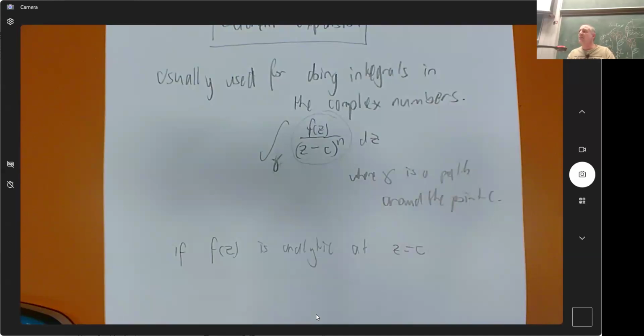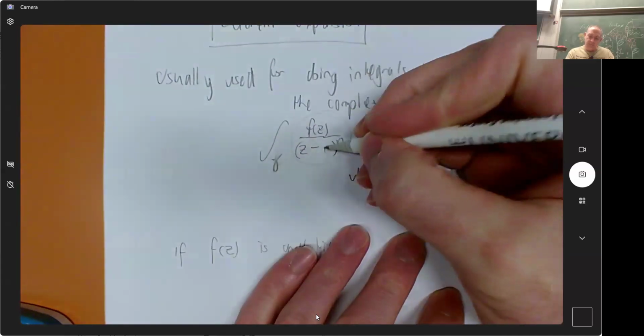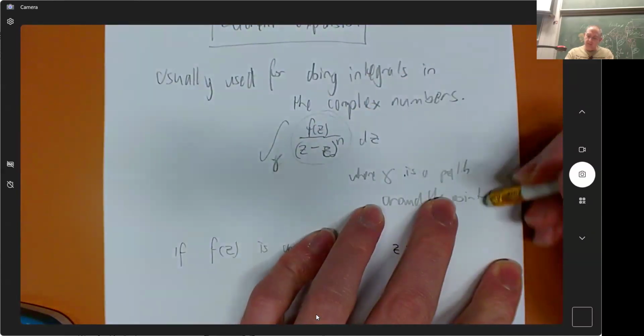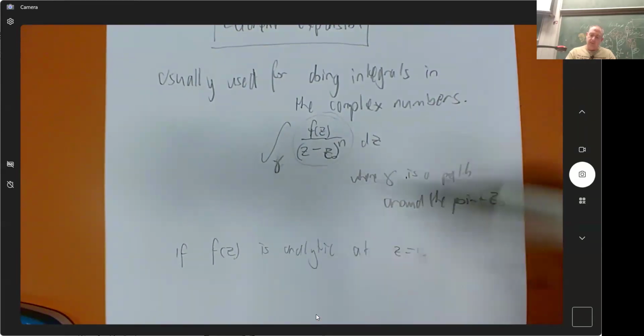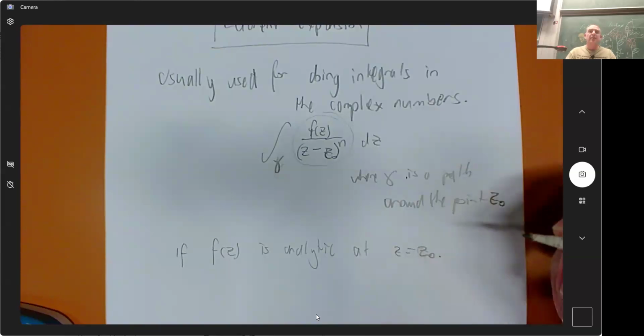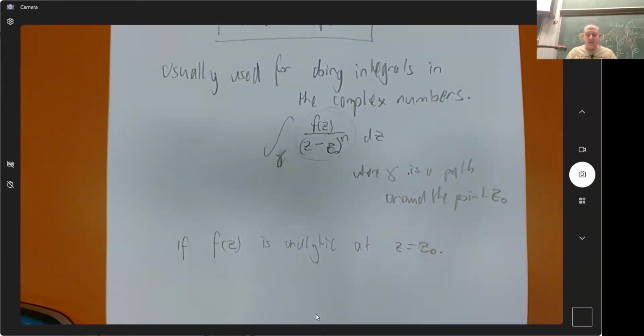Is that right? Yeah. Sure. I like to call it C for center.